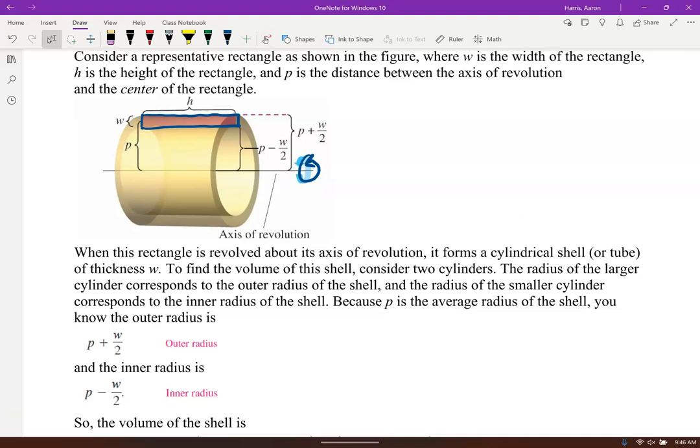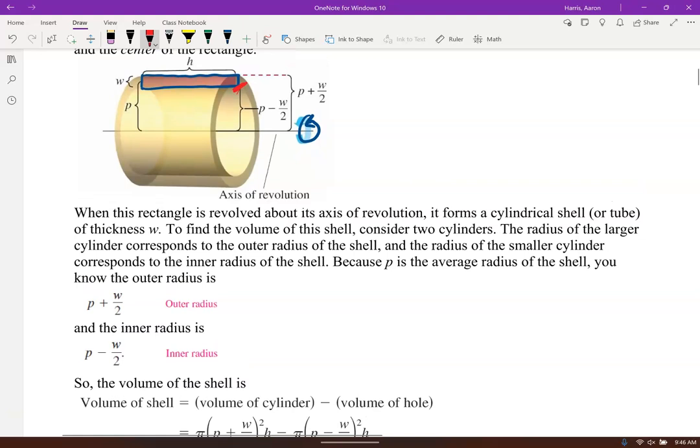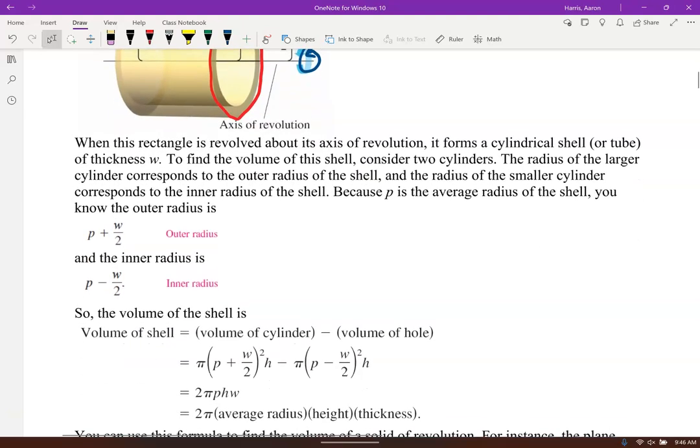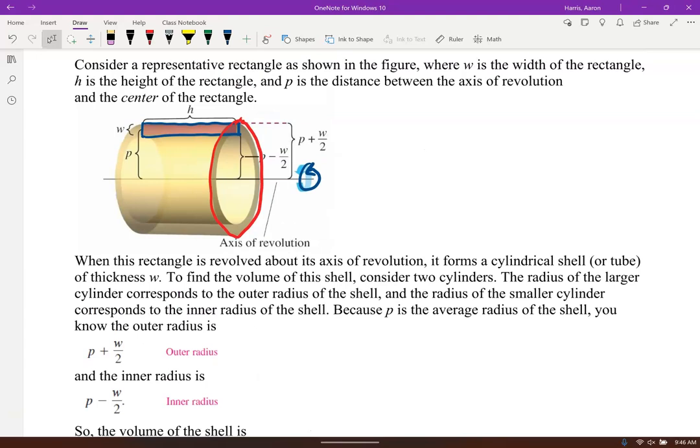So if you were to revolve this to this point right there, then you would have, actually, let me go to the outer edge. If I revolve the whole thing around to there, then the volume would be pi times that radius squared, and then that height given by h.